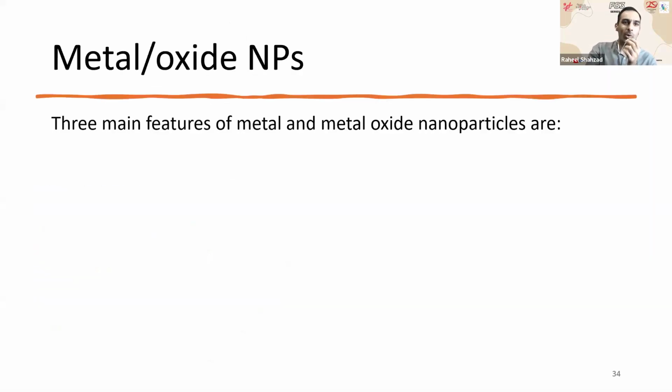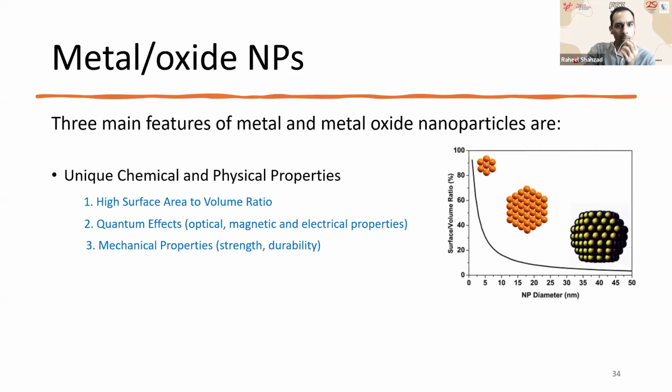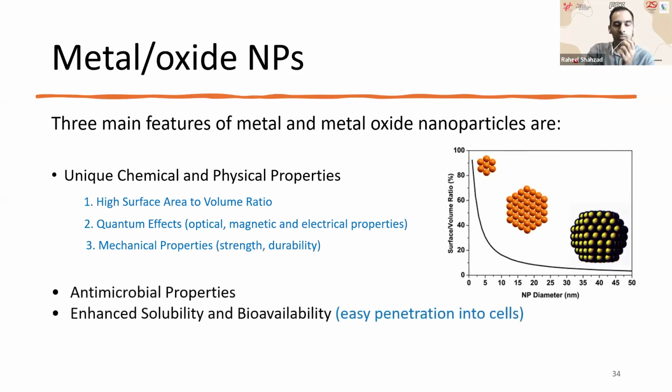We have utilized titanium dioxide nanoparticles, which are a metal oxide NP with their own unique chemical and physical properties: high surface area to volume ratio, quantum effects, whether optical or magnetic, and mechanical properties, all very unique to these nanoparticles.